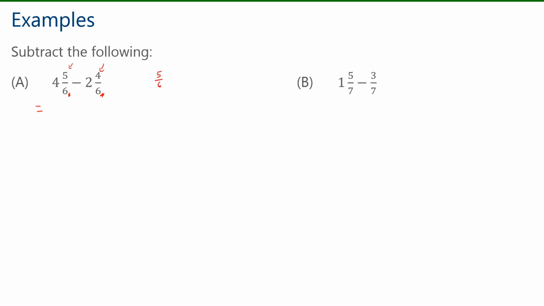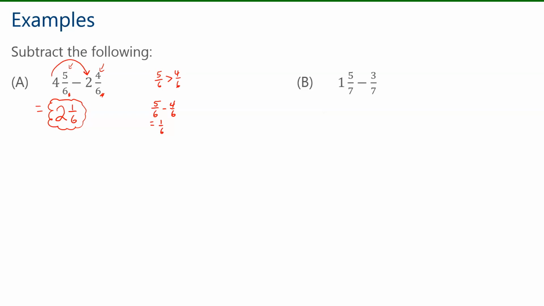And yes, 5 over 6 is indeed greater than 4 over 6. So if that's the case, we can go ahead now and subtract the whole number parts. So 4 subtract 2 is a 2. And then 5/6 subtract 4/6 gives us 1/6. So our answer, simplest form, 2 and 1/6.